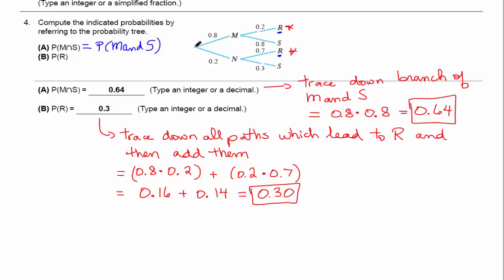And then if I go down this other path to get to R, it's 0.2 times 0.7, which is 0.14. We add those together and we get 0.30. So again, conditional probability, we're looking to see if the first event causes the numbers to change for the second event.